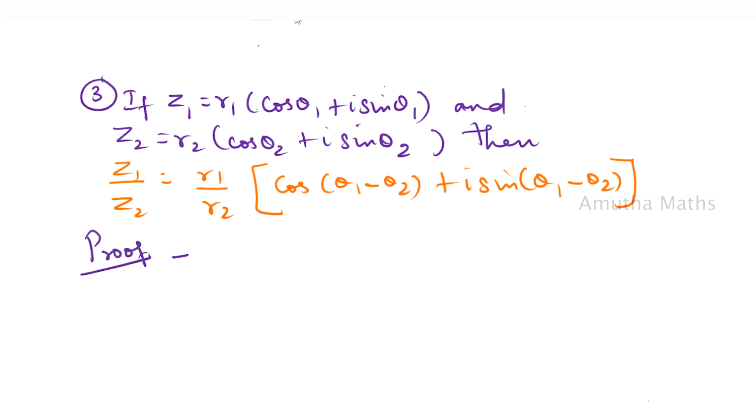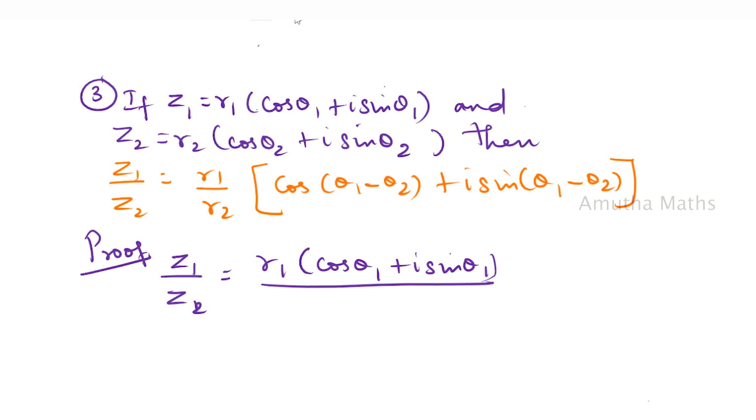So now we shall find Z1 by Z2. What is Z1? Given that R1 into cos theta 1 plus I into sin theta 1, divided by, what is Z2? R2 into cos theta 2 plus I sin theta 2. So here I am going to multiply and divide by its conjugate. Here in the denominator we have a complex number, so we multiply and divide by its conjugate. When there is a complex number in the denominator, we multiply both numerator and denominator by its conjugate, isn't it?